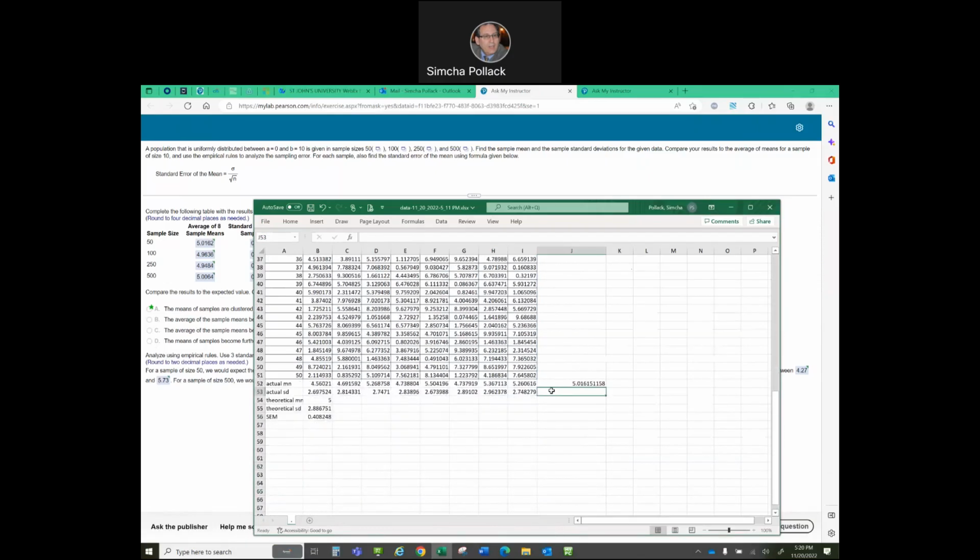So far so good. But now comes the most subtle part of this. They want you to calculate the spread among the averages. I'm sorry, I should have labeled this. Well, we could put it over here. This is equal to the average of the averages.